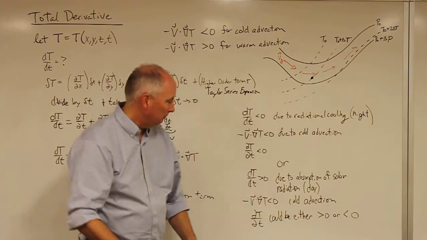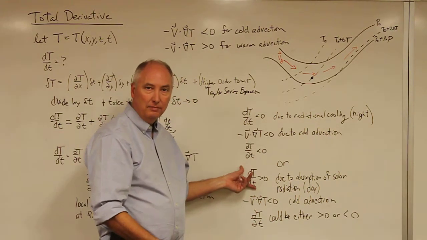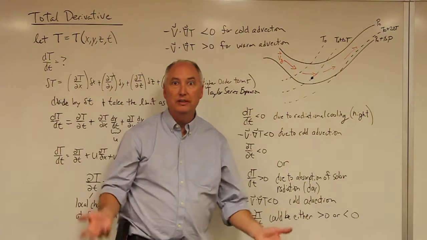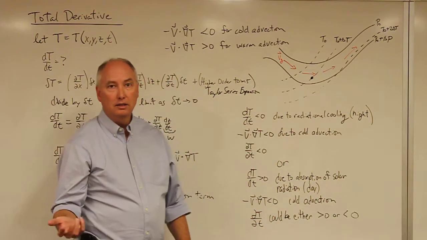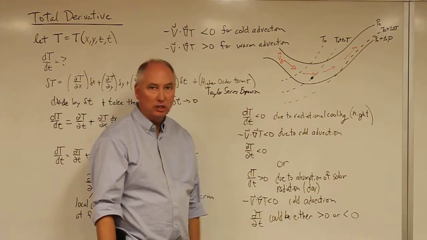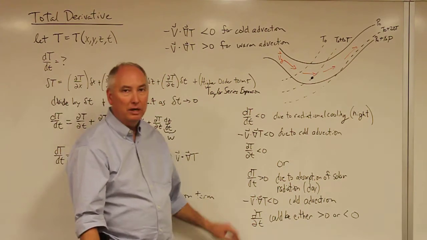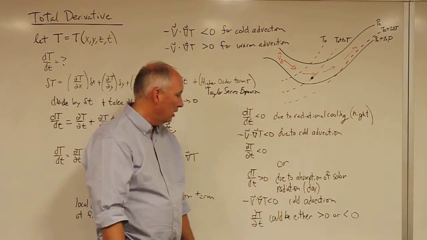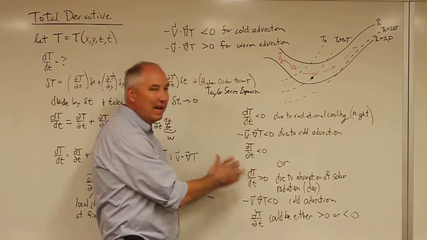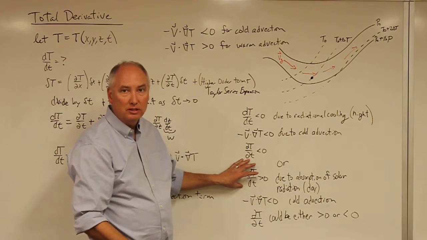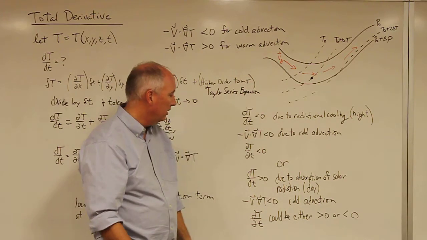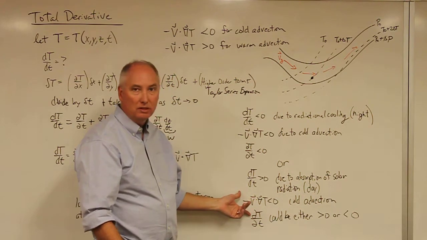Let's do a different hypothetical. In this case, let's say that the total derivative of the temperature is greater than 0 due to the absorption of solar radiation during the daytime and conduction in contact with the ground. And for this location, there's still cold advection going on. So the local time rate of change at this location could be either positive or negative, or could be 0, depending upon the relative magnitude of the heating that the air parcel is experiencing as it's being advected toward the reference site, and the strength of the cold advection.